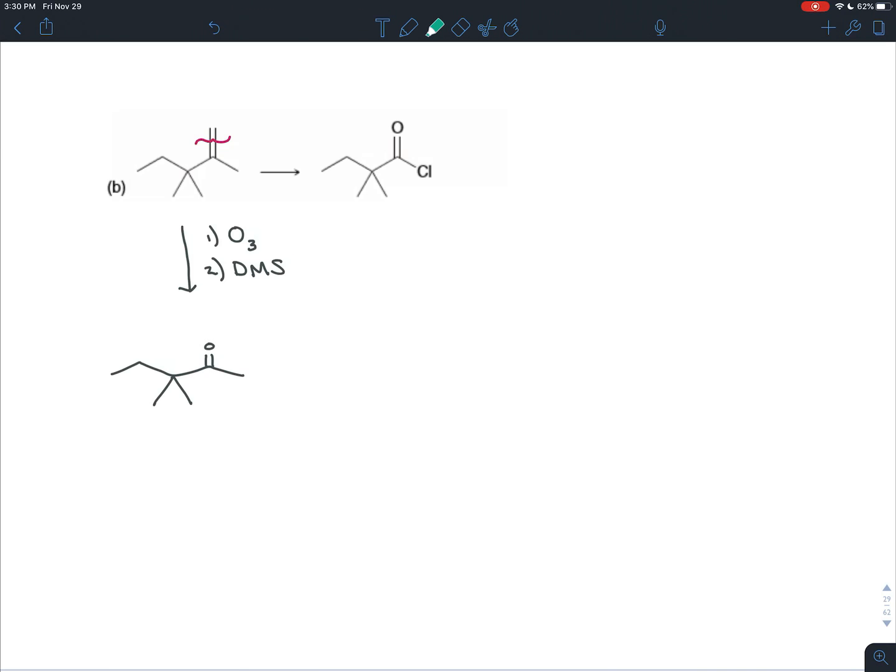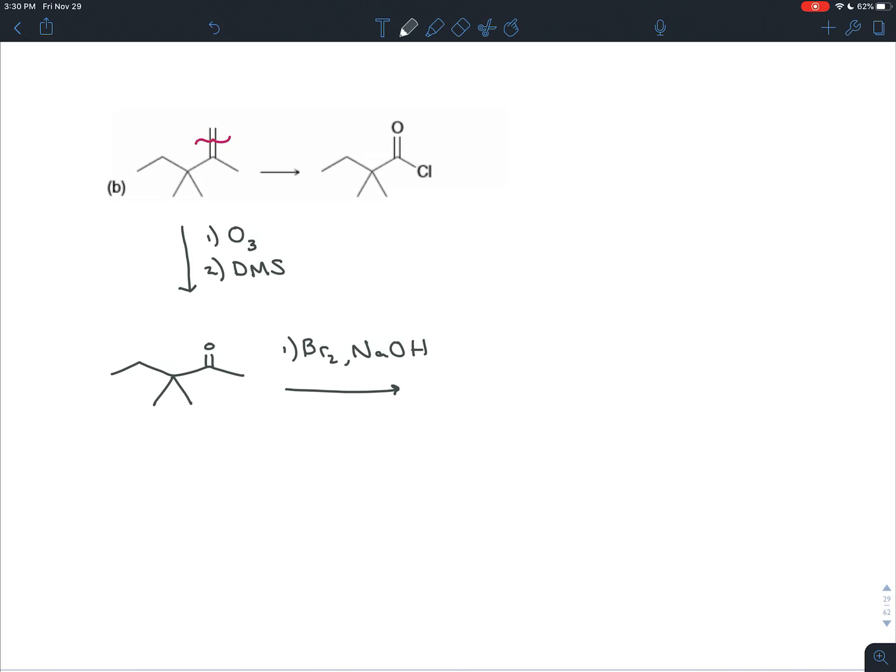So when we compare that with our product, that's awesome that we can see a methyl ketone because really we want to replace the methyl group with a chlorine. So we want to get rid of the methyl group. And we can do that by first turning this into a carboxylic acid using the haloform reaction. So you'd treat it with bromine, sodium hydroxide.